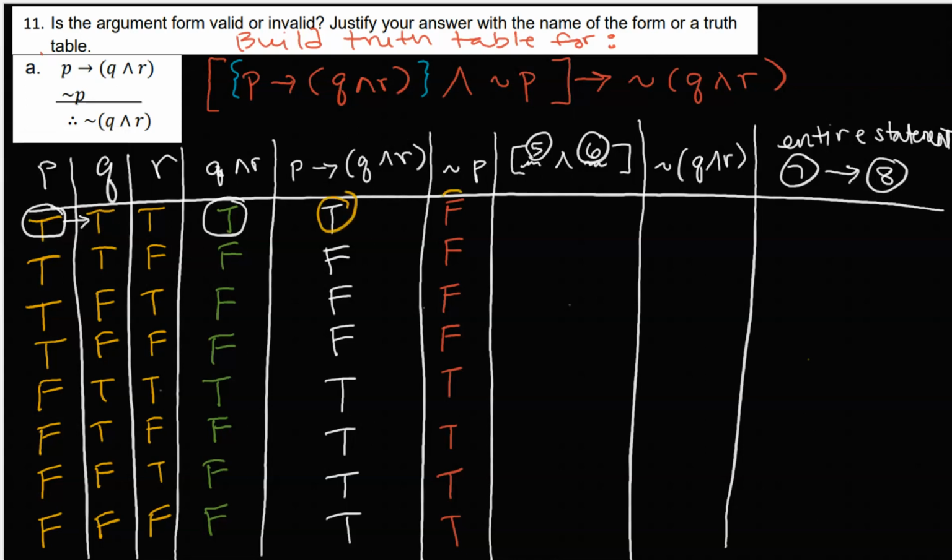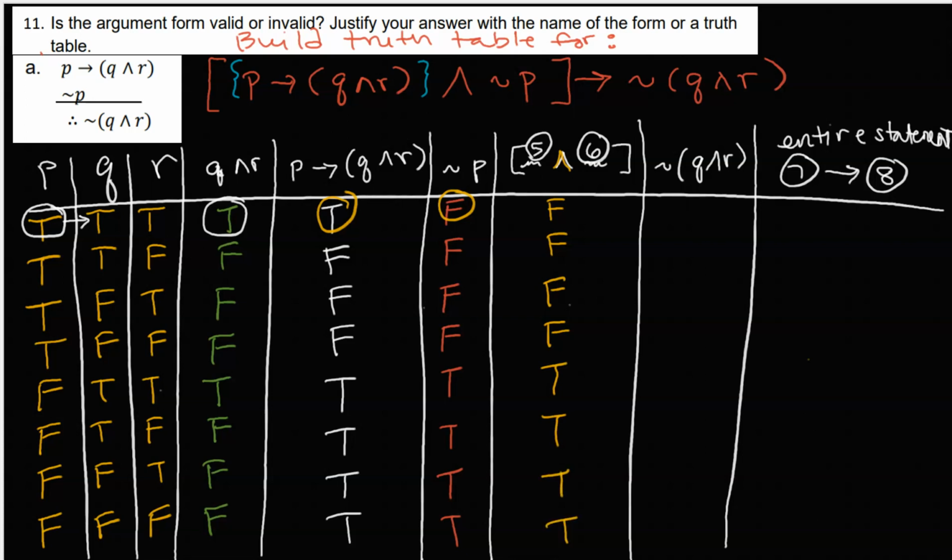And we are combining that with the and. Okay, so and means both have to be true in order for it to be true. So we have false, false, false, false. And then these are all true, true, true, true.